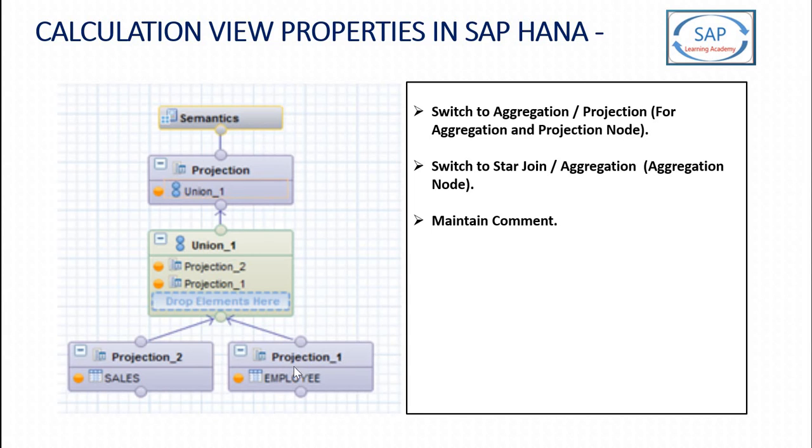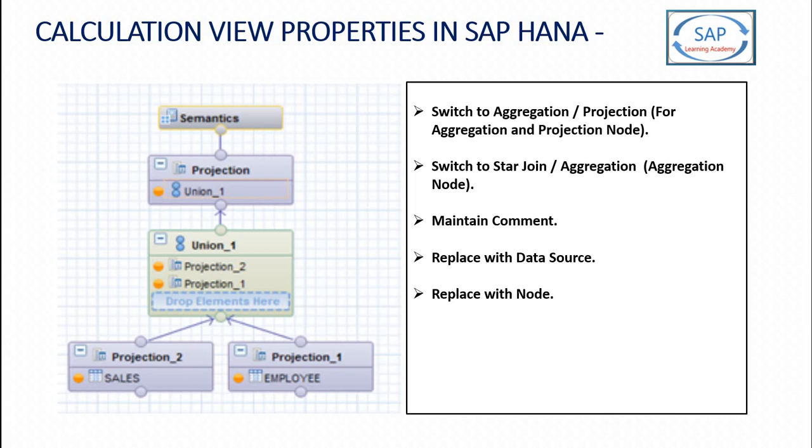Suppose you are writing code right here in this projection, and you maintain some comment like what filtering has been done, what restriction has been done, what input parameter has been applied. So that it can be reviewed or maintained very easily at a later part.